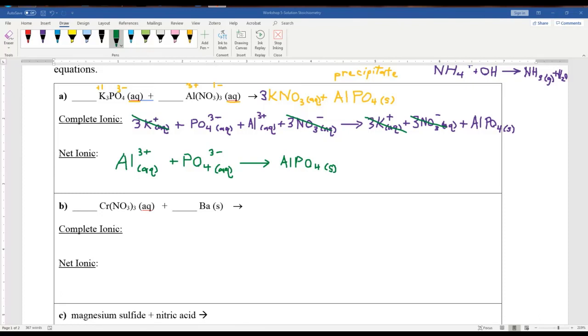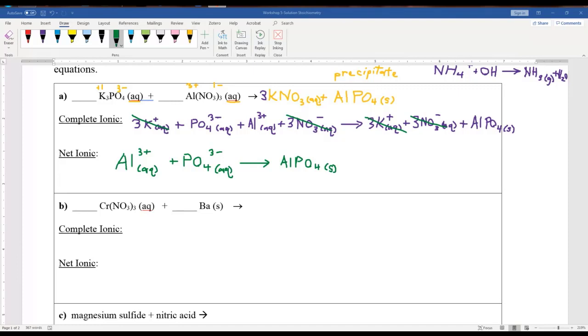So what type of reaction would this be? Because this is the first thing you should really look at when you're trying to predict the products of any equation, much less doing the net ionic equation. What type of reaction would this be, and how do you know? It's okay to say if you don't know.